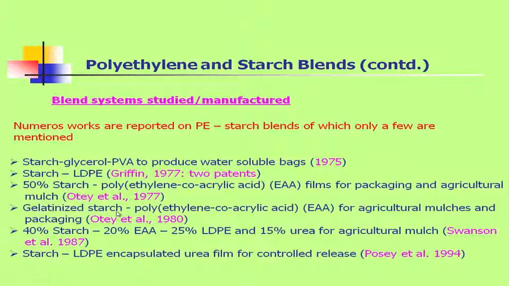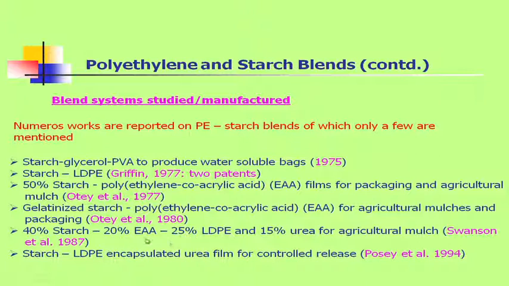Gelatinized starch was also blended with ethylene acrylic acid copolymer for agricultural mulch application as well as packaging. 40% starch, 20% ethylene coacrylic acid polymer and 25% LDP.